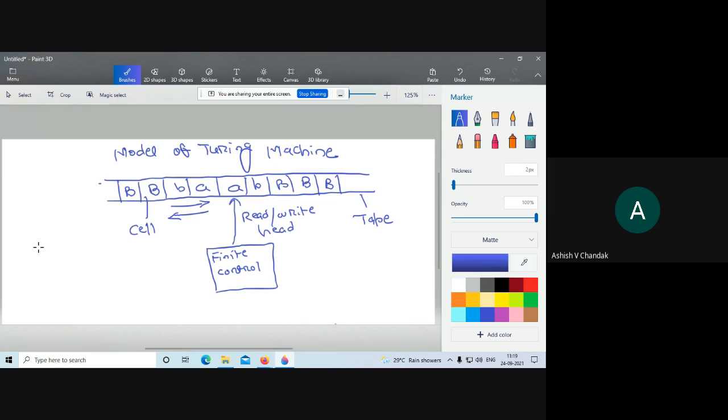Most of the time, the Turing machine halts on a final state, but you will find some problems where it cannot halt. So halting is the main problem in the Turing machine. Let us say there are 10 problems. Out of that, 9 can be solved, but for one problem, the Turing machine cannot halt.